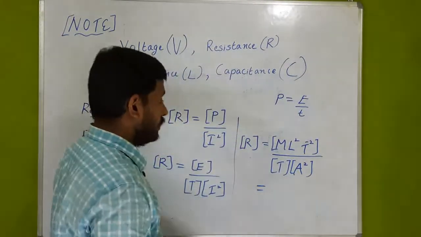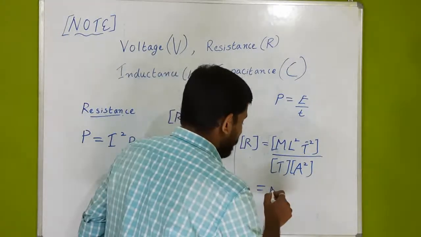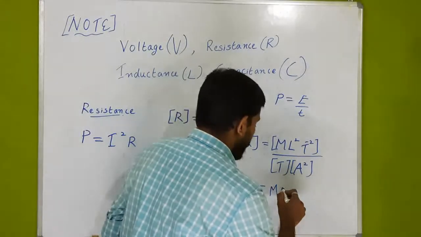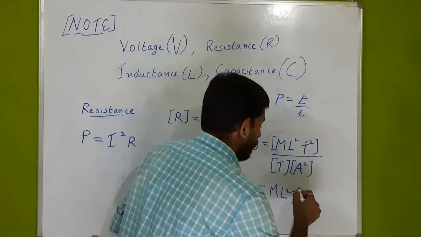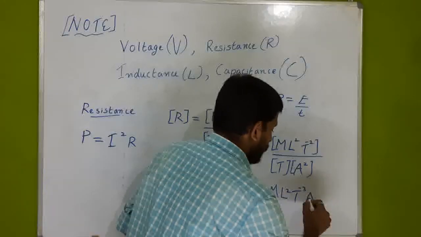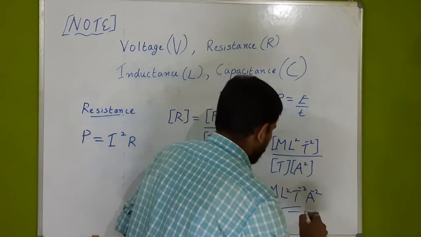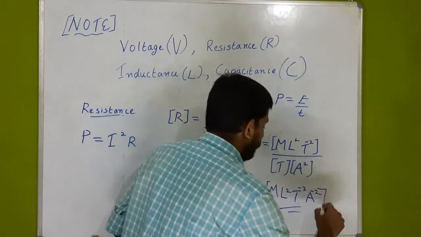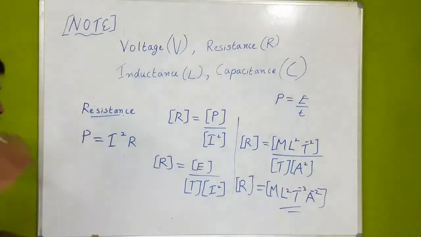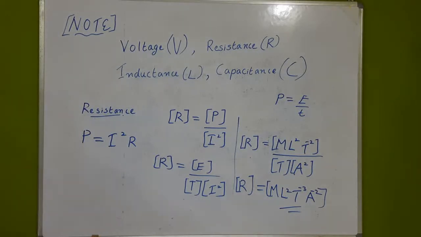Therefore, the dimension of resistance becomes M, then L^2, then T^-3 A^-2. So this is the dimension of resistance: ML^2T^-3A^-2.